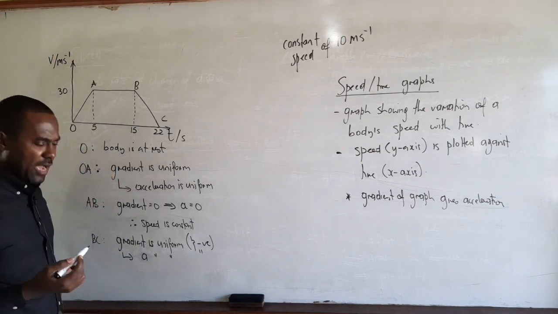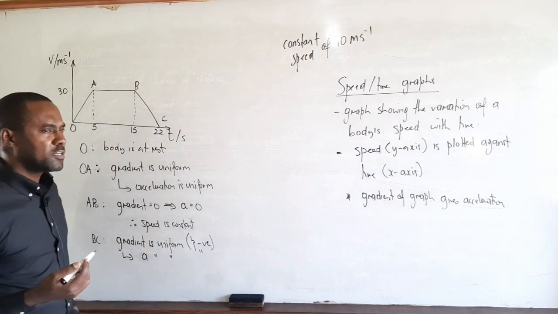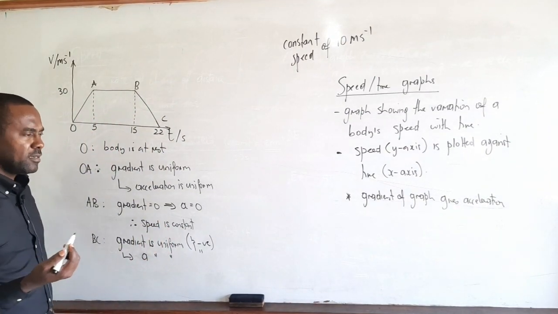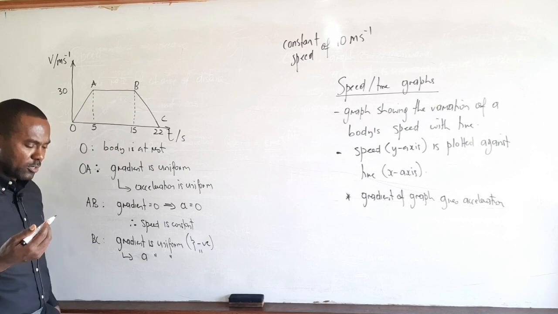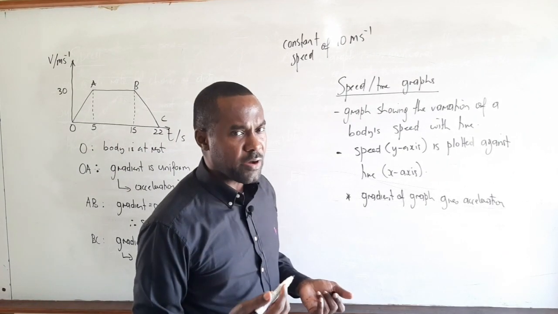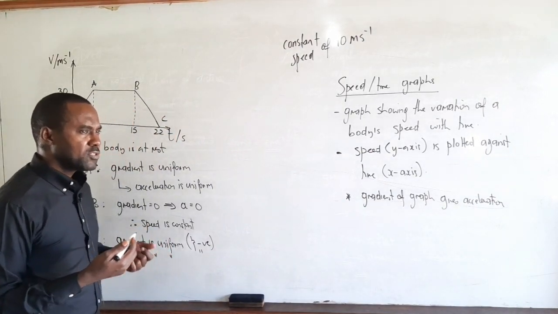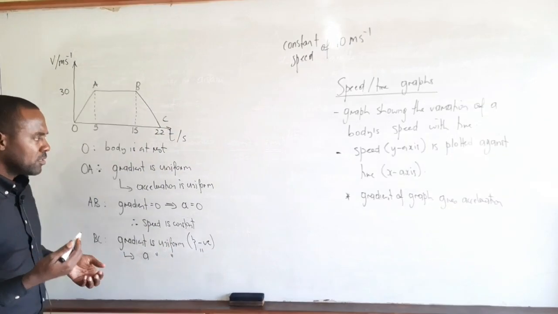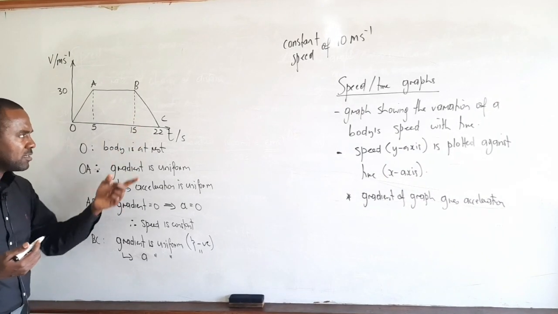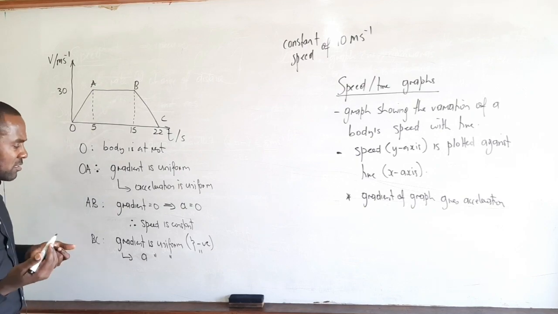Now when it comes to acceleration, if the acceleration is negative, we typically refer to it as a deceleration. Acceleration is actually a vector quantity, which means that it can be positive or negative depending on direction. But we're talking about a speed time graph, so direction does not come into play. Because the speed is decreasing, the acceleration is negative, and this is said to be a deceleration.